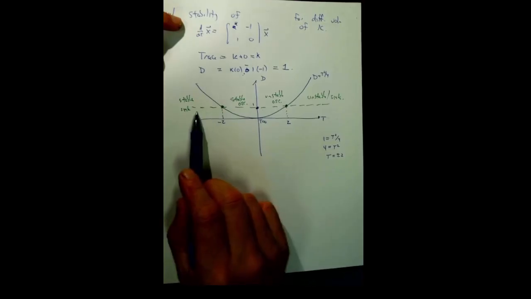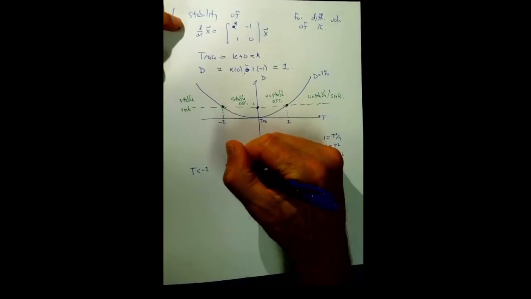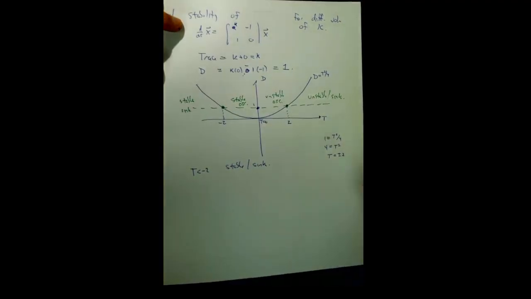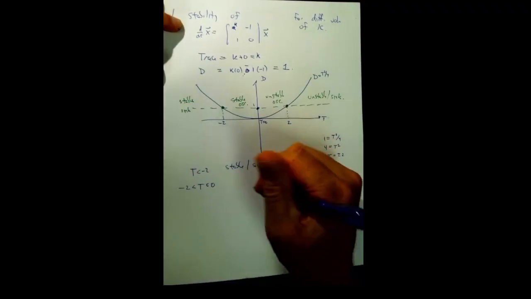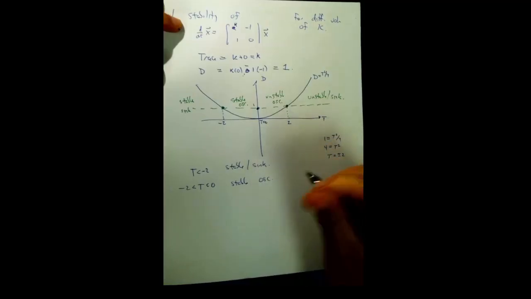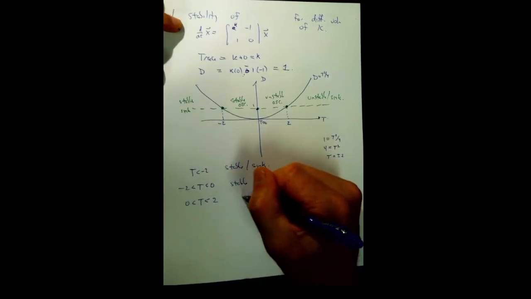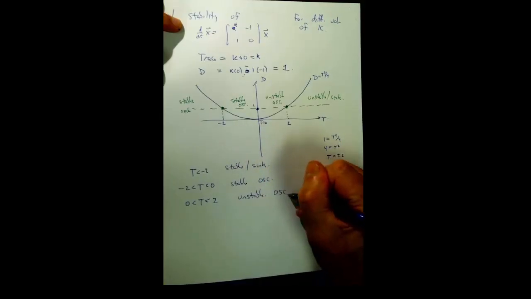So if the trace is less than negative 2, I can get a stable sink. If the trace is between minus 2 and 0, I'm going to get stable oscillations. And if the trace is between 0 and 2, I'm going to get unstable oscillations.